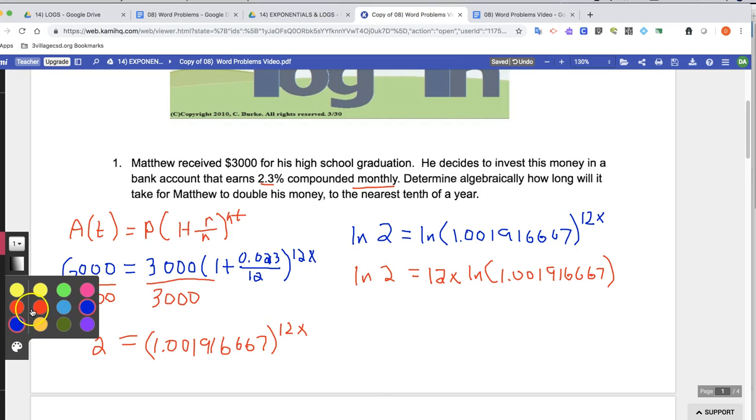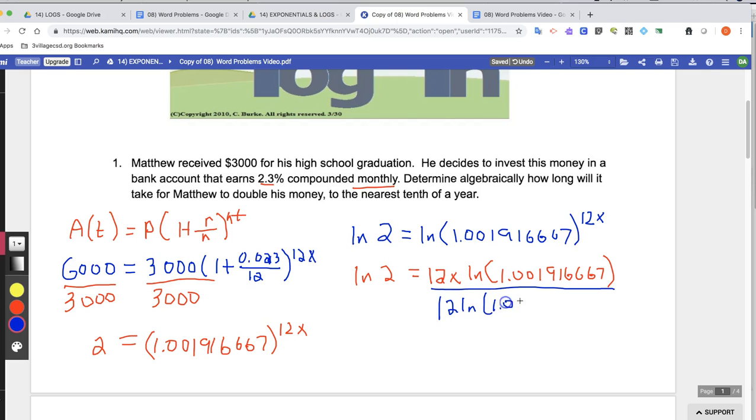And then, as we've done with other problems, if we want to get just x all by itself, we have to get rid of this 12 and this natural log, which are being multiplied to our x. So in one fell swoop, we can divide both sides by that 12 natural log of this entire expression.